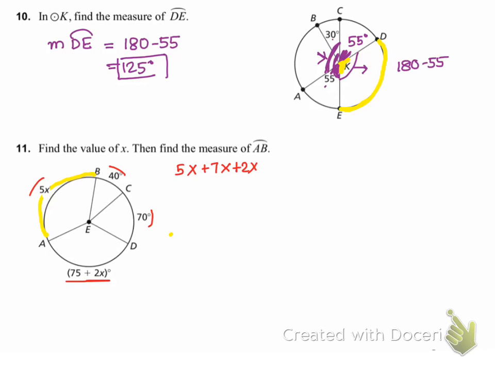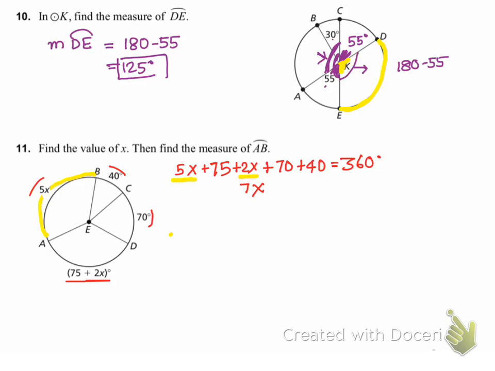I'm just adding all the values. Add all 4: 5x, then 75, plus 2x, sorry, it's 75, not 70. So 75 plus 2x plus 70 plus 40, and that equals 360. Combine the like terms, 5x and 2x. Together that is 7x.